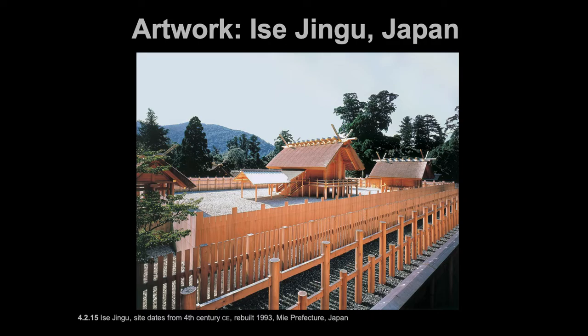This one is the Ise Jingu site, and this is rebuilt again. This has been rebuilt in 1993. It's probably due for a rebuild, or perhaps our book just doesn't have the most recent photo of it. But there's thousands of shrines like this dedicated to sun goddess Amaterasu Omikami, and local residents will visit the shrine to revere the goddess and seek her assistance.